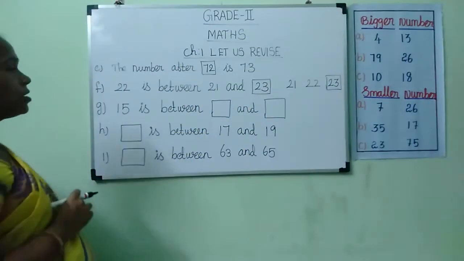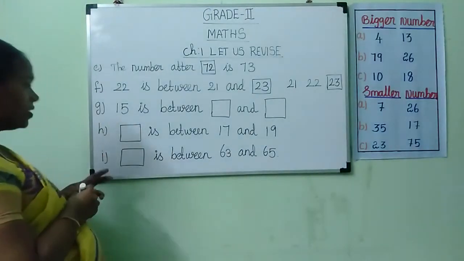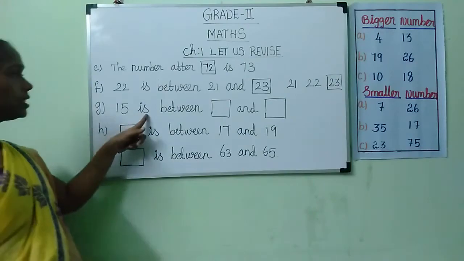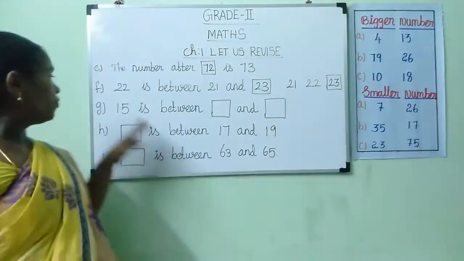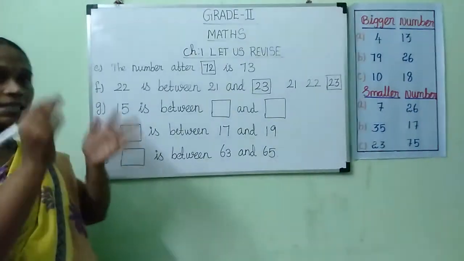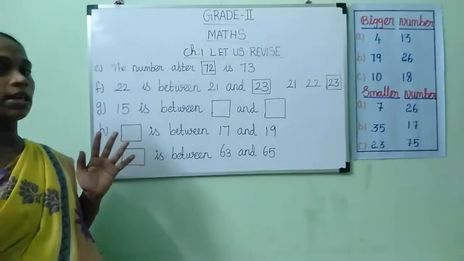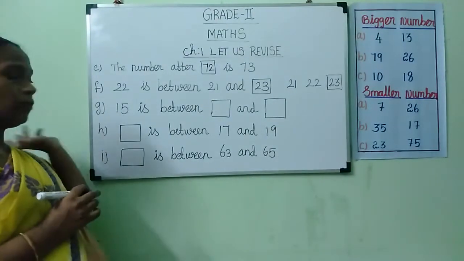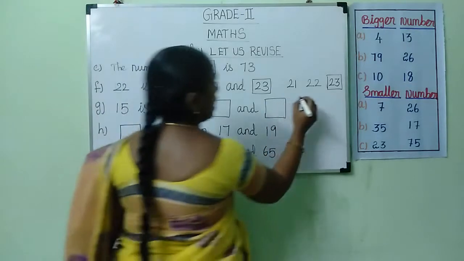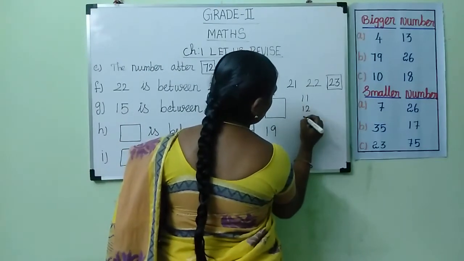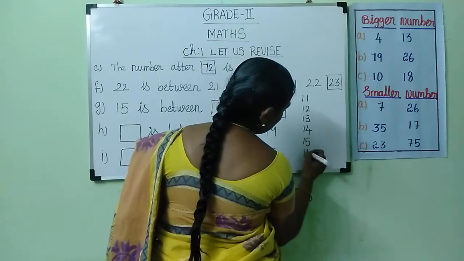Are you clear? Okay. The next one, 15 is between dash and dash. So 15 is a center number. So which number comes before and which number comes after? 15 before, what will come? 11, 12, 13, 14, 15 and 16.